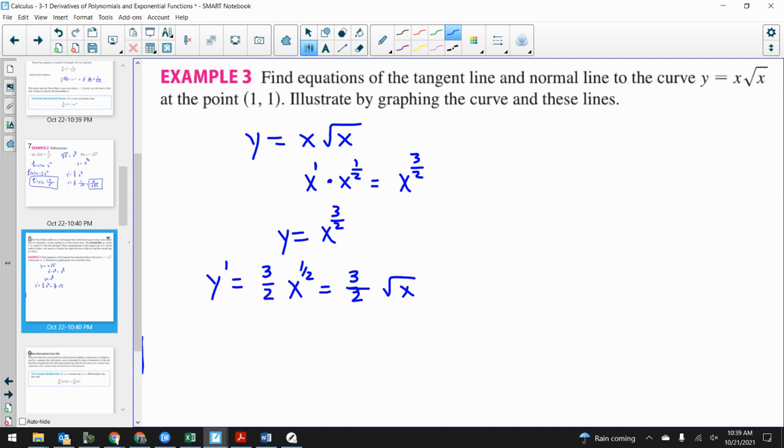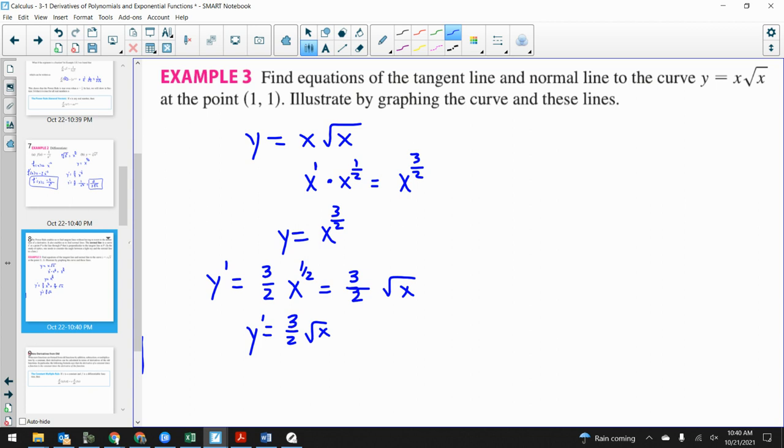Because the x to the 1/2 power is essentially just the square root of x. It doesn't go into the negatives, it doesn't go into the denominator, because I was above 1 in my exponent. So y prime is equal to 3/2 radical x.